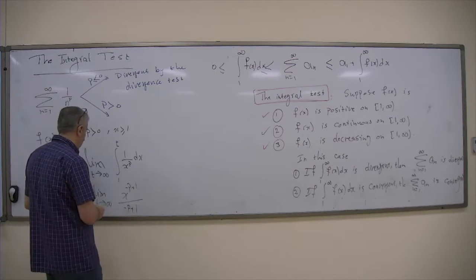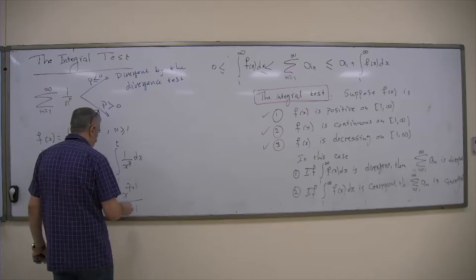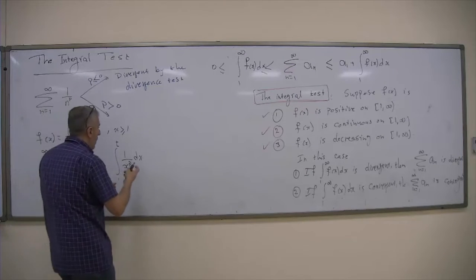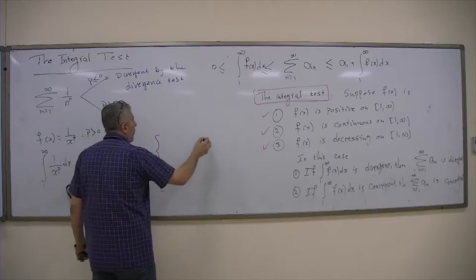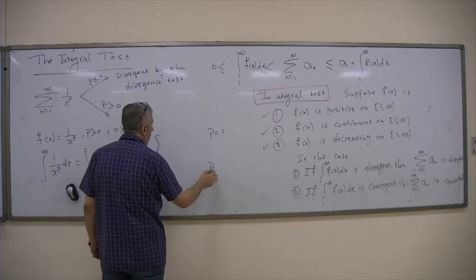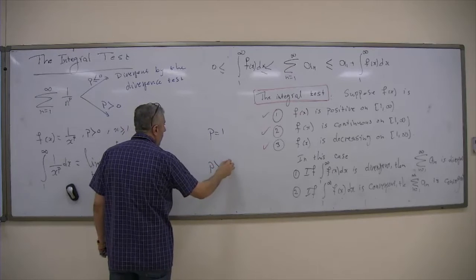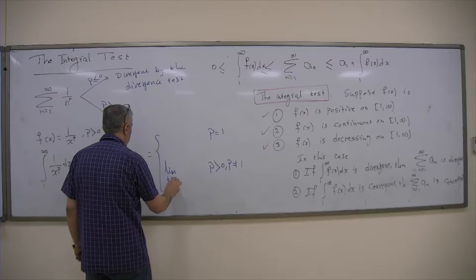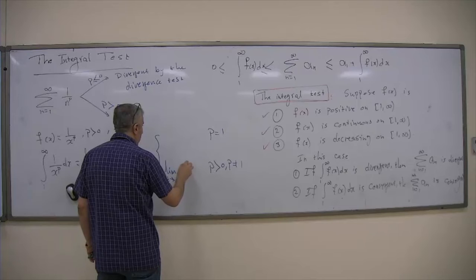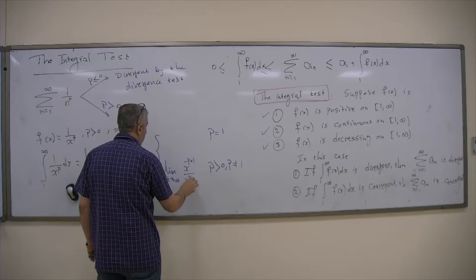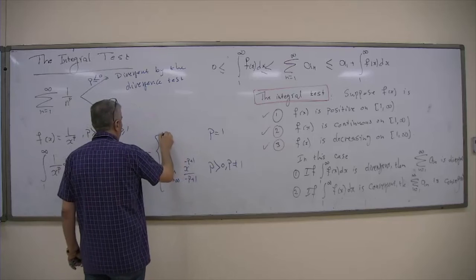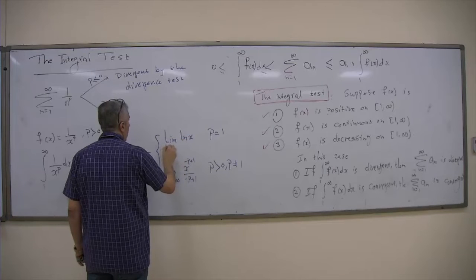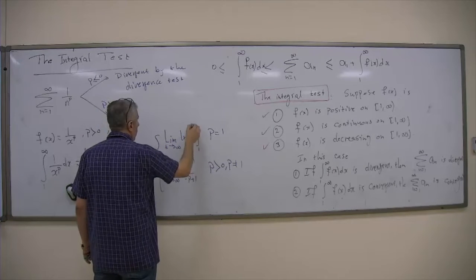Before I do this, let me do it here, so I can write the two cases. This equals, when p is 1 and when p is positive but not 1, the limit as t goes to infinity of x exponent negative p plus 1 over negative p plus 1, and here you have the limit of ln x as t goes to infinity, from 1 to t.